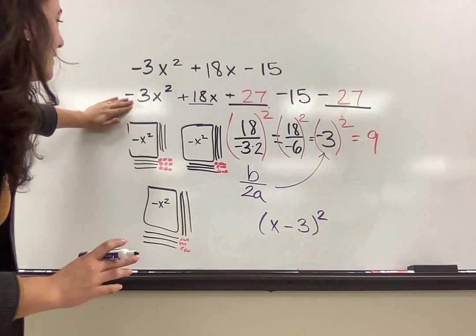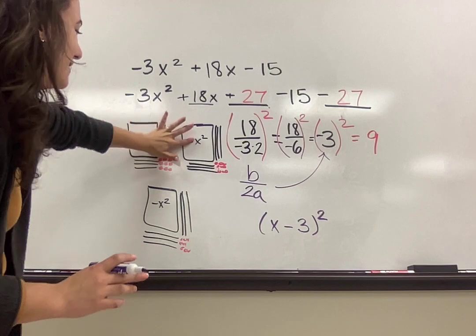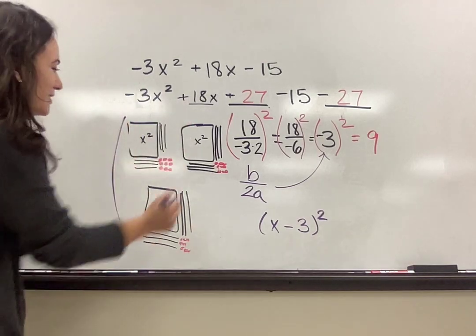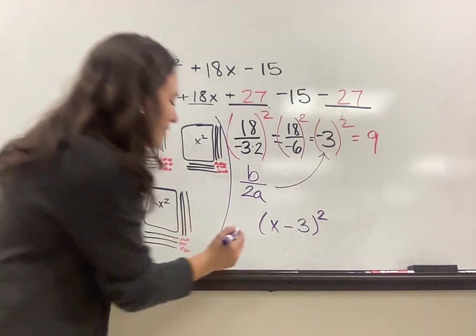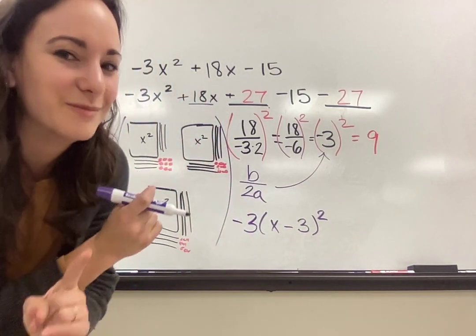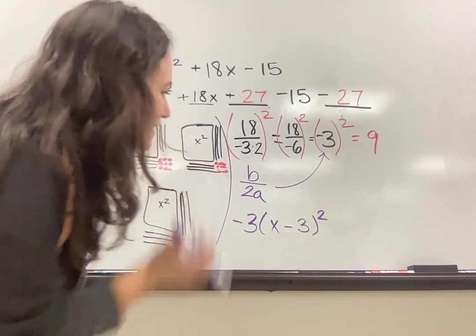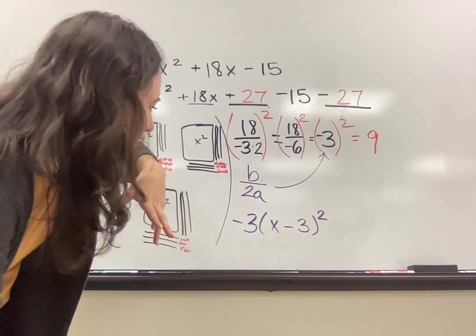Okay. I'm just going to say I have negative of these. Because then when I start to put my final equation together, here's the thing where I was having a moment. Have I added in 27 or have I taken out 27?